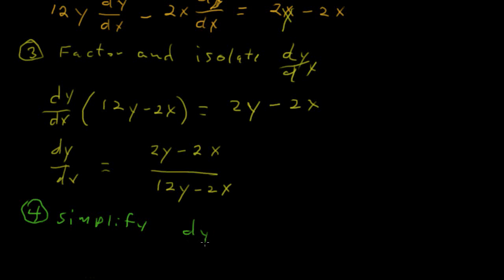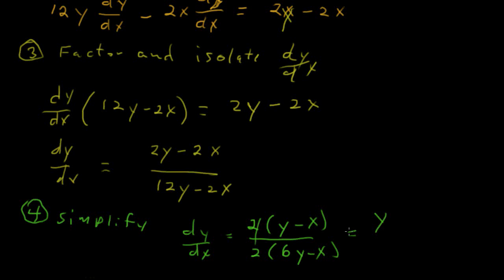So let's do that, and we will have then dy dx equals 2 times y minus x, and that is over 2 times 6y minus x. And you can then see that the 2's cancel out, and we are left with nothing but y minus x over 6y minus x.